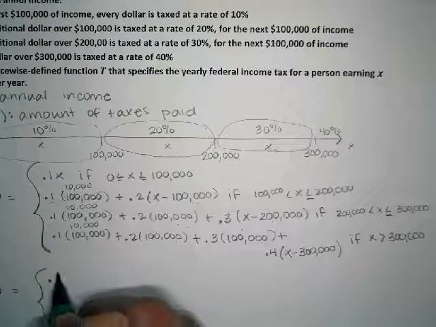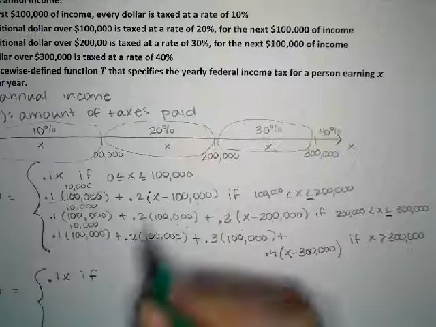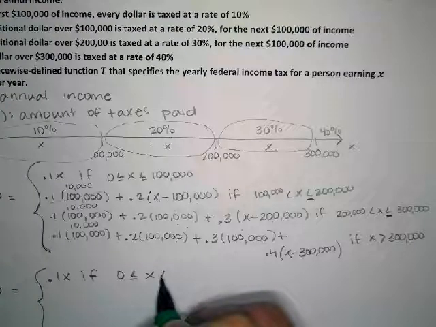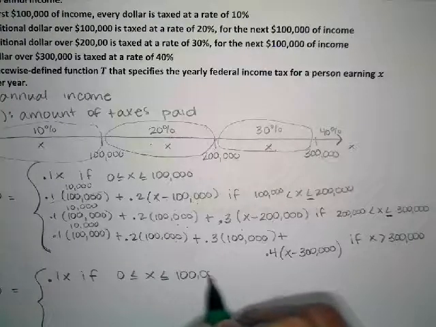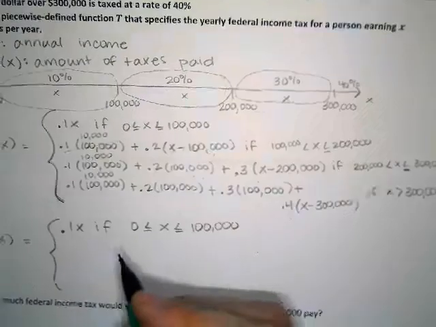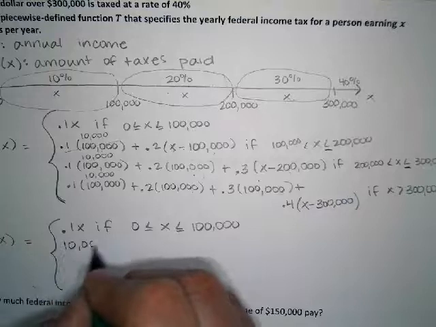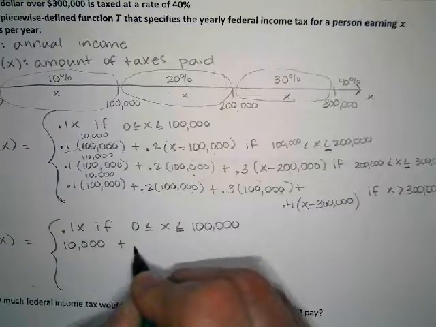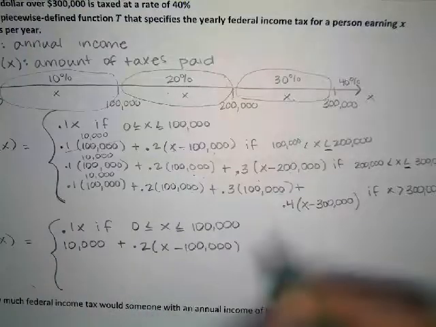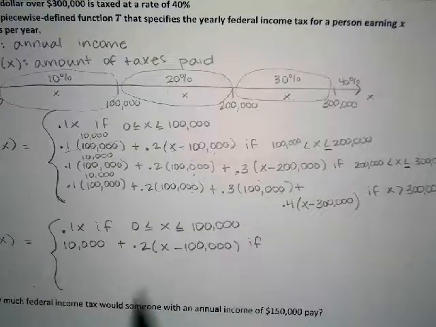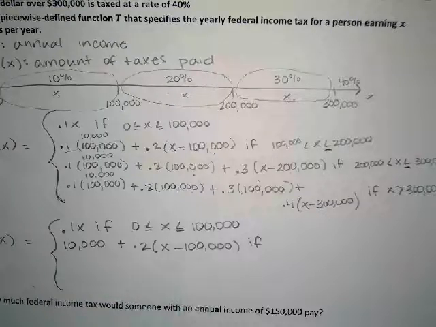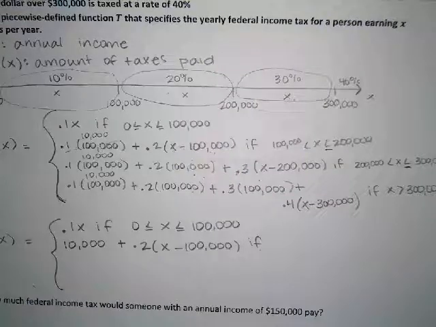We've got 0.1x if x is between 0 and 100,000. Our second line is going to be 10,000 plus 0.2 times x minus 100,000. And I think I said in the video that some people even distribute this 0.2 and combine like terms. I don't like to do that because I think you lose sight of the formula.